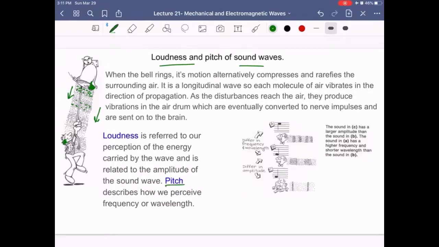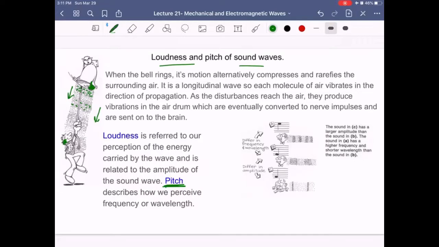Pitch, on the other hand, is something that's perceived by my brain when I have different frequencies. So a higher frequency corresponds to a high pitch, and if I have a lower frequency wave, my brain perceives it as a low pitch sound.